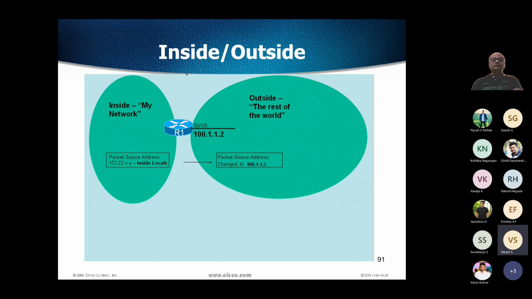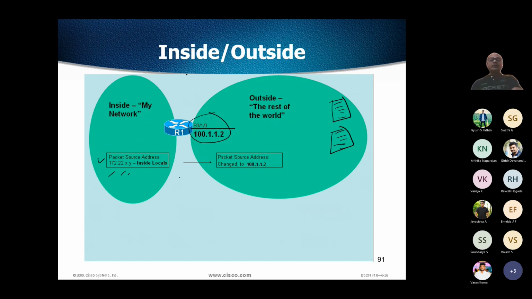Okay, so now we talk about the IP address. We can see the IP address he has given, 172.20.x.y, any IP address. Inside global, only this IP address is going to represent. Outside, maybe you're running some server, web server, or proxy server, or any server you are going to access.